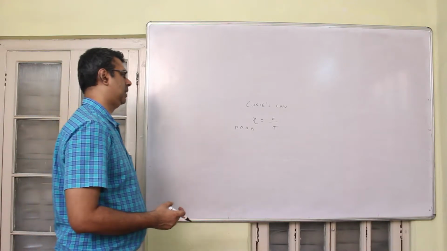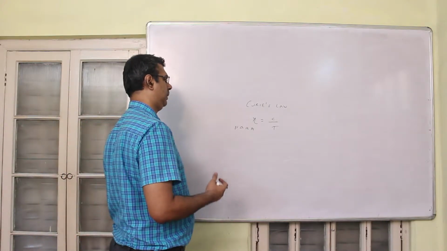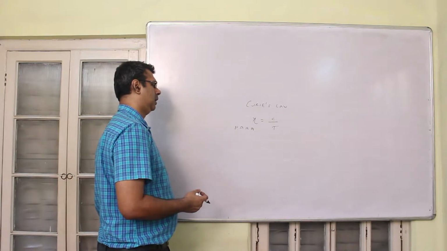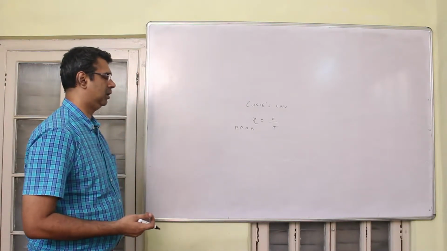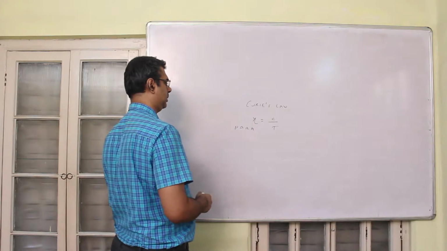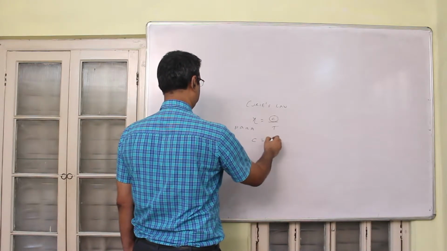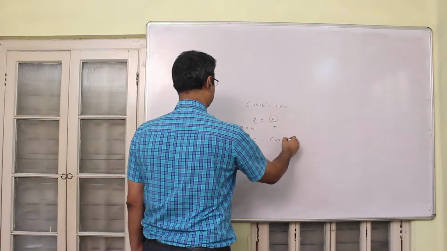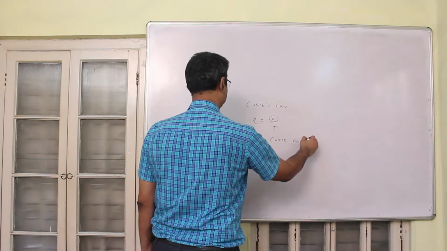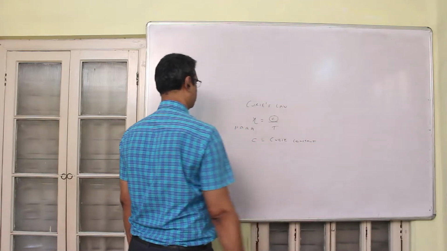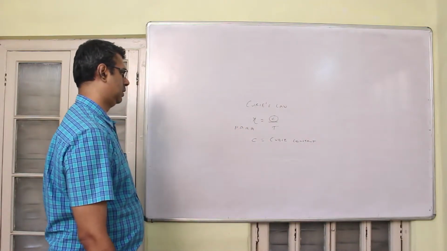The concept is that if you increase the temperature of a paramagnetic substance, the dipoles will get more random and therefore the susceptibility will reduce. And this constant of proportionality C is known as the Curie constant.